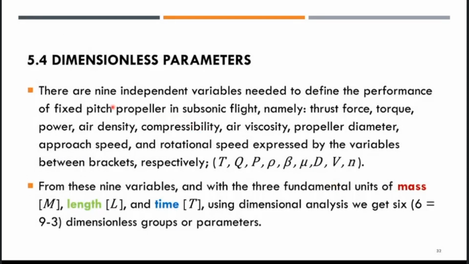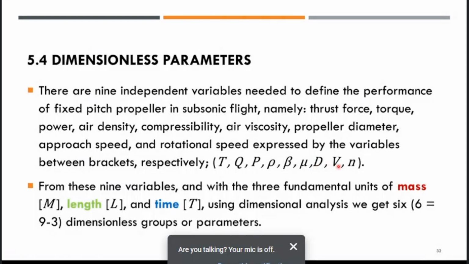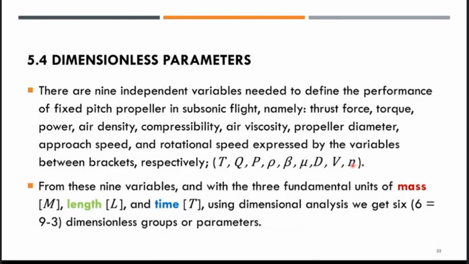There are actually 9 independent variables needed to define the performance of a fixed pitch propeller in subsonic flight, namely the thrust force T, the torque Q, the power P, air density rho, the compressibility beta, and then we have mu, the air viscosity, propeller diameter D, the approach velocity V, and the rotational speed n, expressed by the variables between brackets.